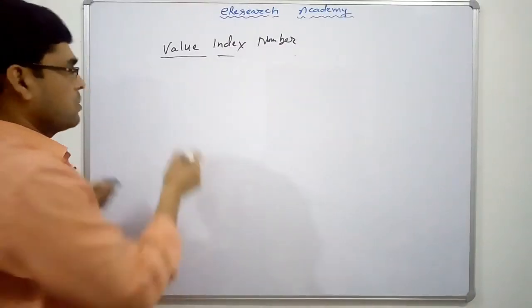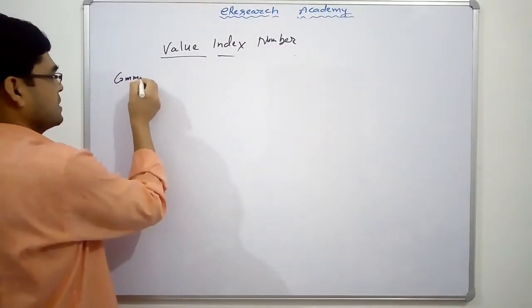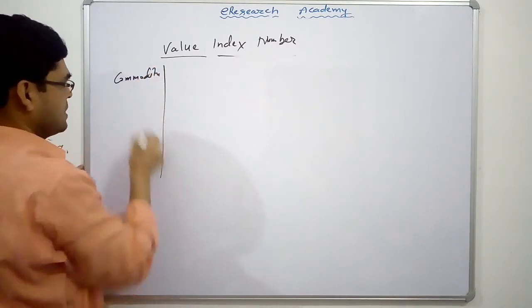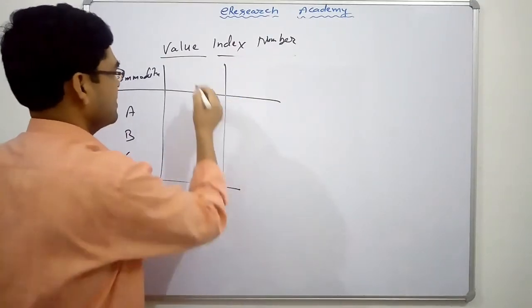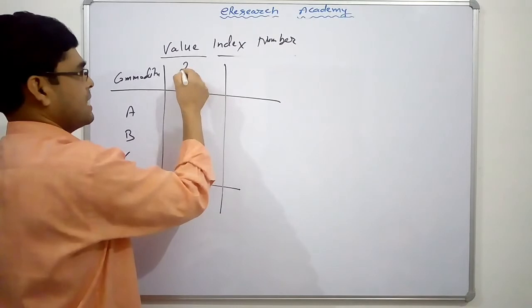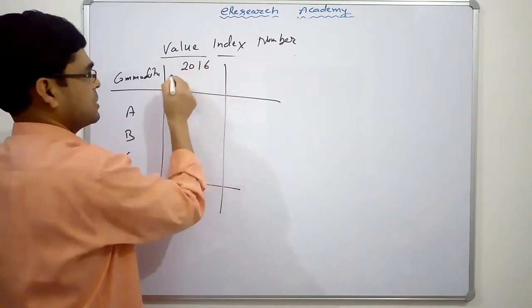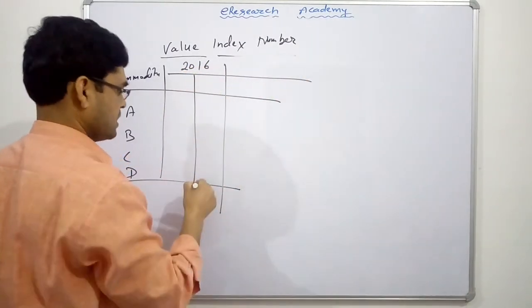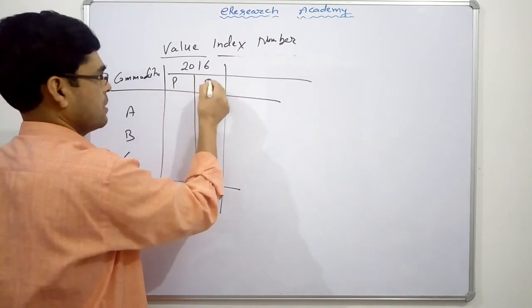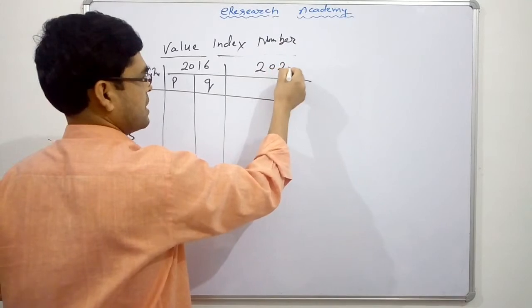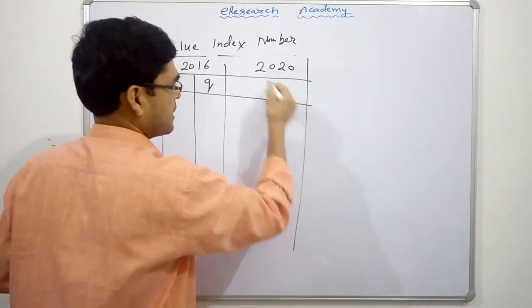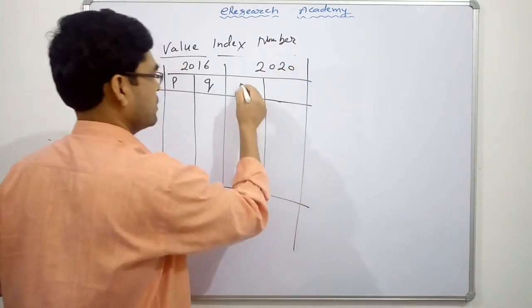So let's start. We have some commodities, A, B, C and D, and we have a base year, let us say 2016, with price and quantity, and then we have 2020 with price and quantity as well.